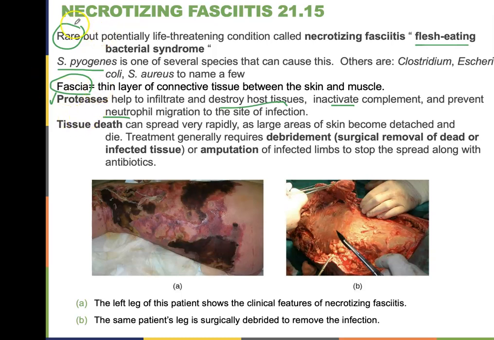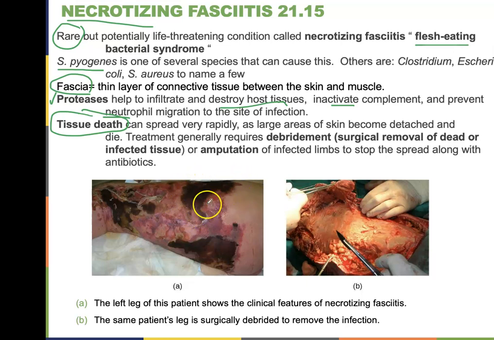Whenever you see the word necrotizing, it means death of the tissue, which means the regenerative cells that are normally in your skin and connective tissue are gone because they're dead, and those areas of skin do not come back. Black is a very profound sign of necrotizing fasciitis; any necrotic tissue is going to be black.